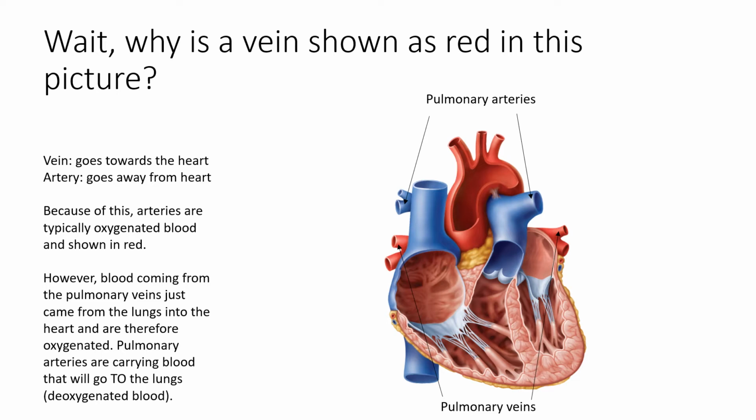However, the blood coming from the pulmonary veins just came from the lungs to the heart and is therefore oxygenated. The pulmonary arteries, however, are carrying blood that will go to the lungs and is deoxygenated.